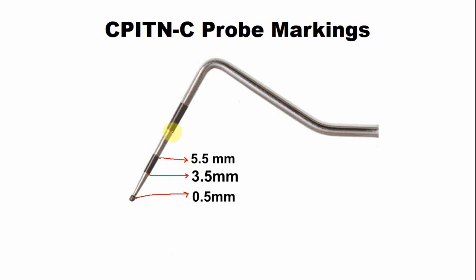This is the second black band in the CPITN-C probe, and it is present at 8.5 millimeter, and the second black band ends at 11.5 millimeter. So this is about the CPITN-C probe markings.